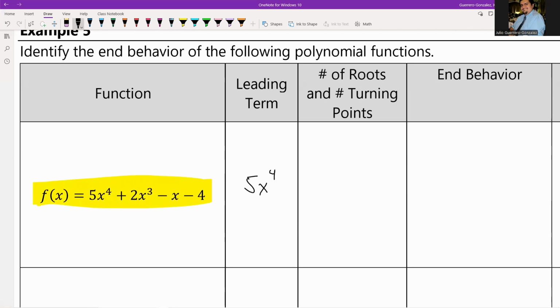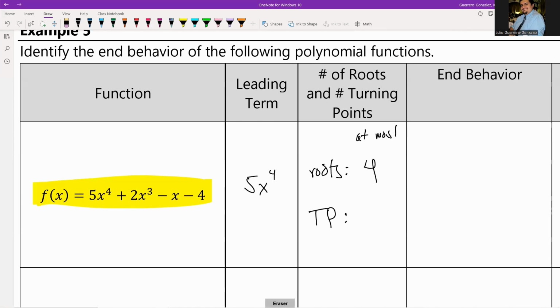From the theorem given above, we have roots and turning points. According to this leading term, this is the biggest power we see, so according to the theorem from above, there should be at most 4 roots. And I'm going to put at most.